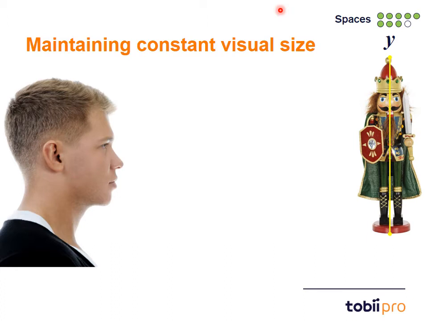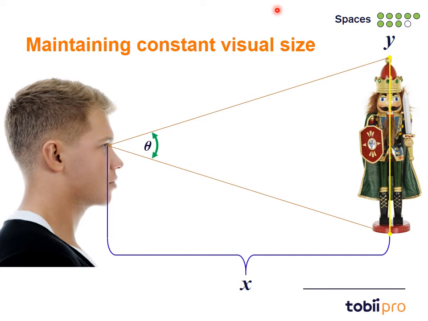The principle here is that if you have a nutcracker of vertical dimension y, let's say, and it's typically viewed at a distance x, and you want to translate that for the screen, what you need to do is maintain the visual angle occupied by that nutcracker.